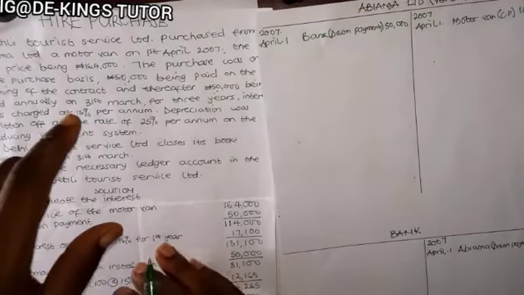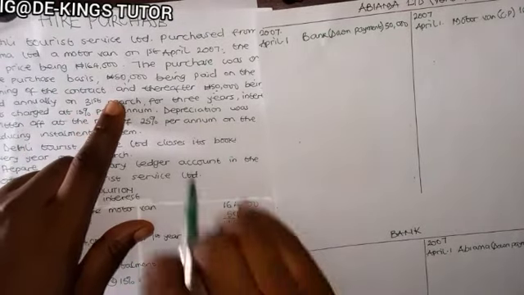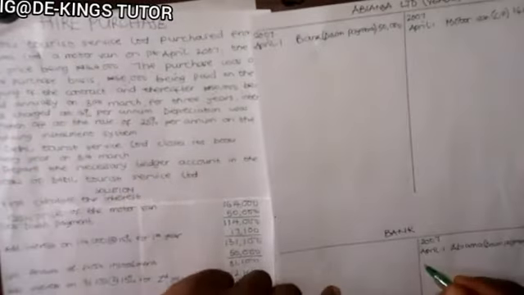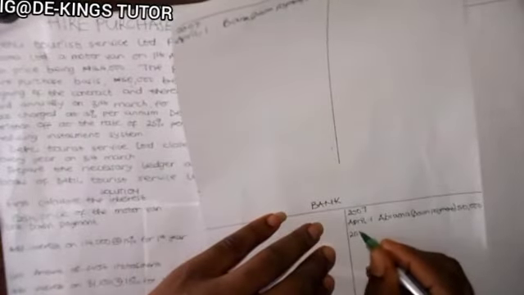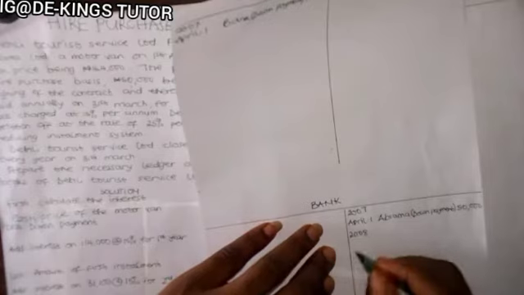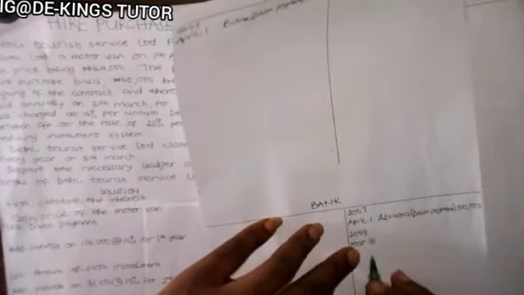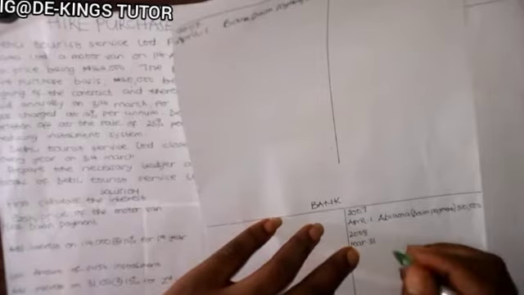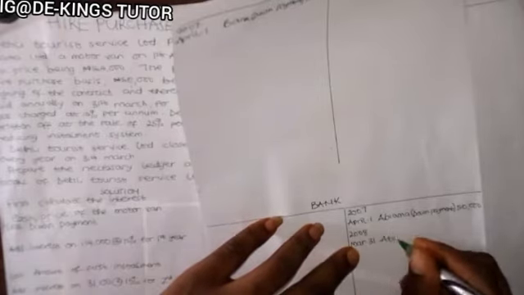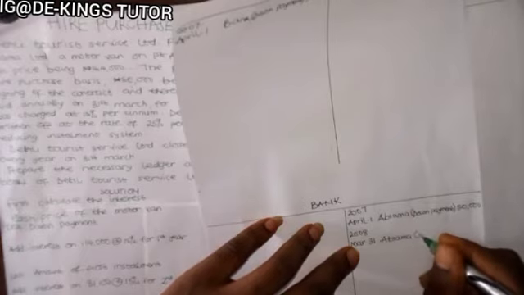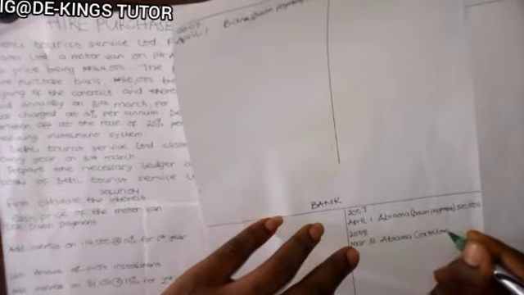So for the first payment that was made after 2007, the next year is 2008. So it will be 2008, March 31st, because they say they are ending every year at March 31st. So March 31st, Abiama, that's for installment payment, which is how much? 50,000.